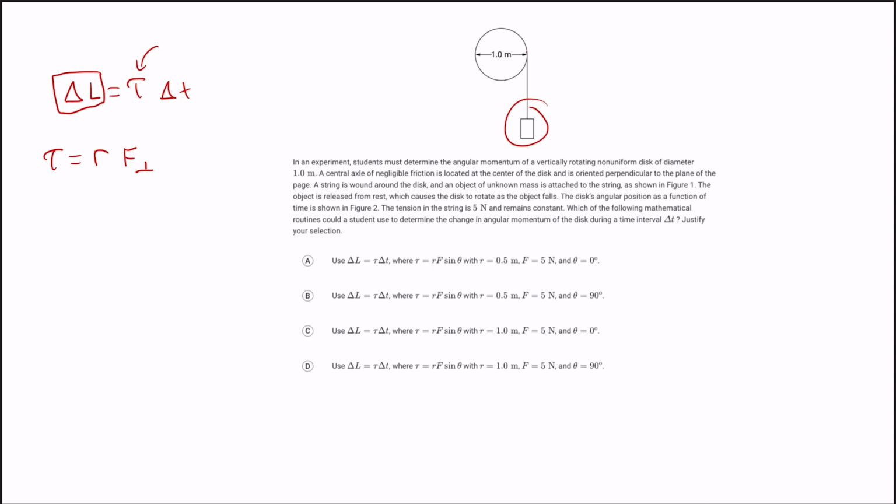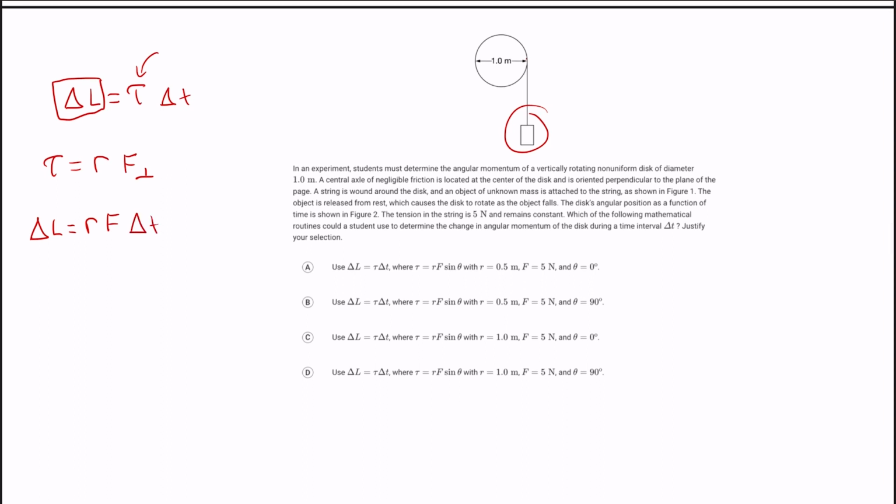We don't need the trig functions because sine of 90 is 1. That said, we can say that the impulse, or change in momentum, is equal to r F delta t. Yeah, r F delta t. So this is what we would need in order to find that change in angular momentum.